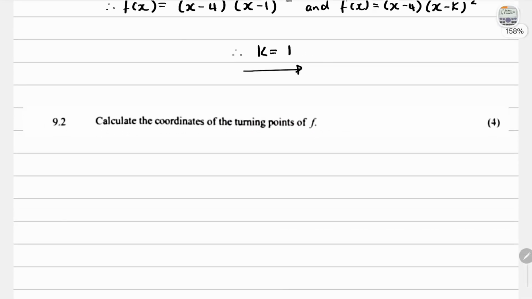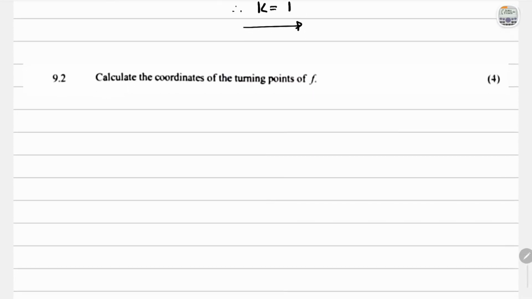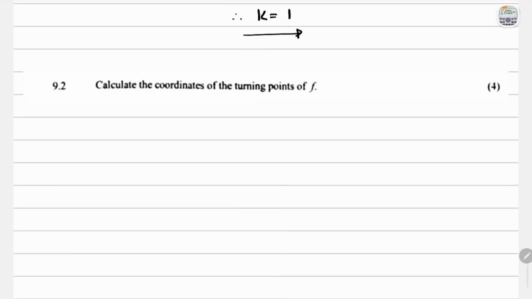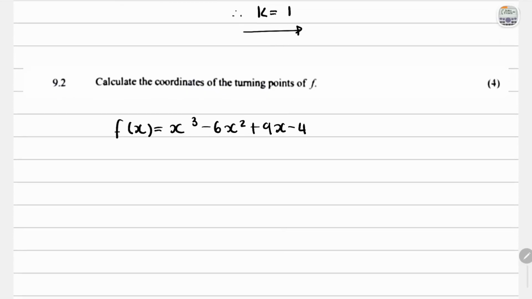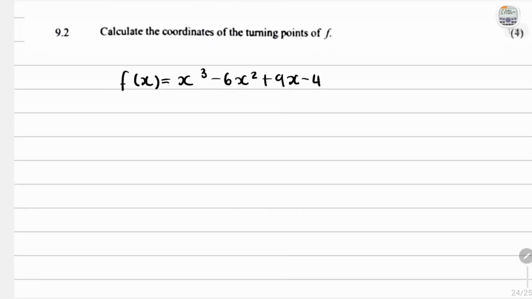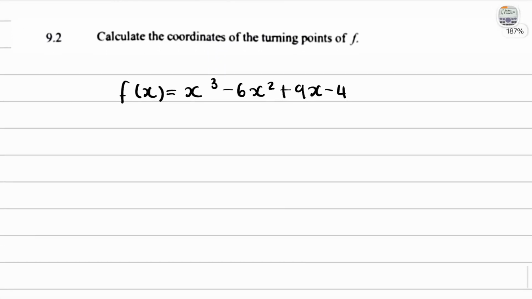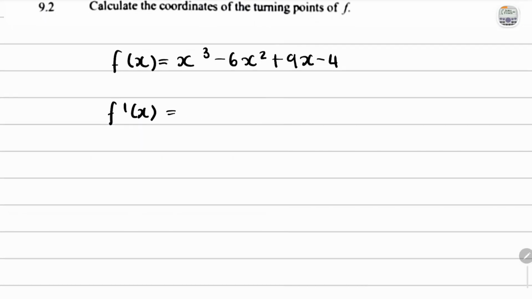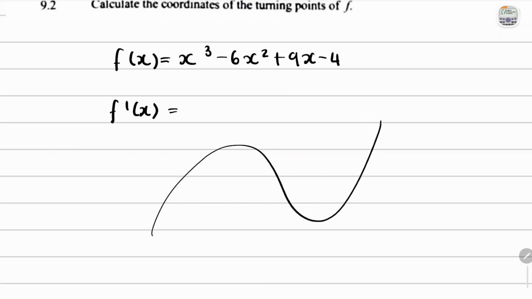Okay, the next question is calculate the coordinates of the turning point. Okay, we already have the full equation. We don't have to multiply out. It's already here. So let's rewrite that first. And now we can calculate the coordinates of the turning point. So you're going to derive this function. So f prime of x is equal to, remember the idea behind it is, at the turning points, the gradients are equal to 0.